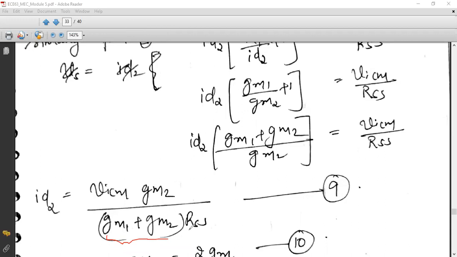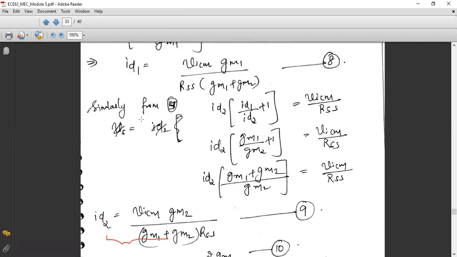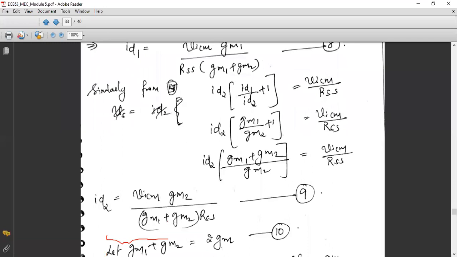So what I'm going to do is, in the denominator, if you observe the equation for ID1 and ID2, in equations number 8 and 9, you are having a term GM1 plus GM2, right? In that particular term, we are going to replace it with 2gm.